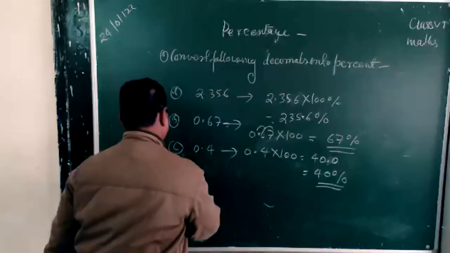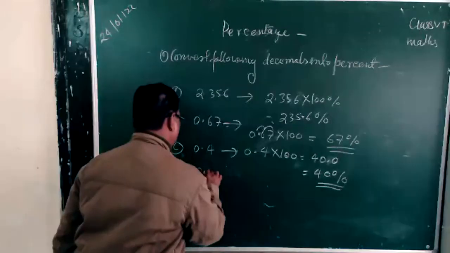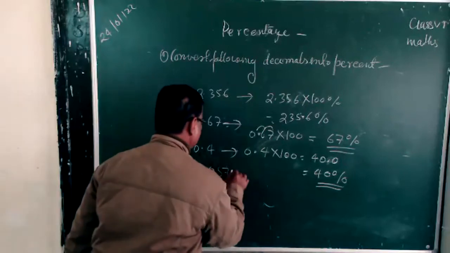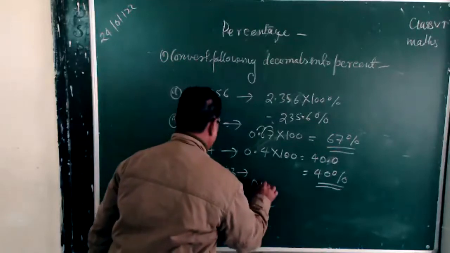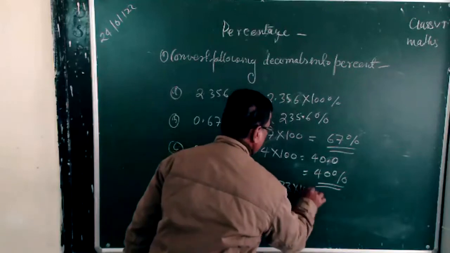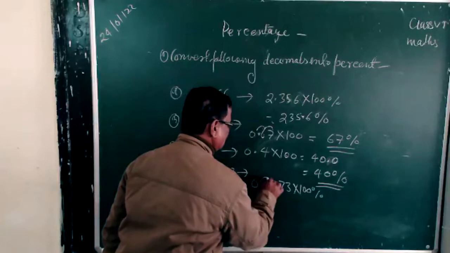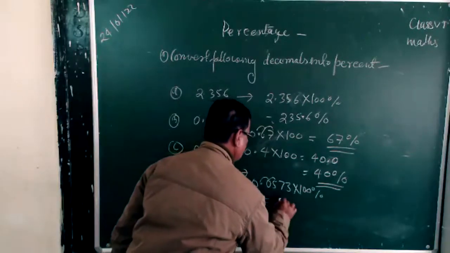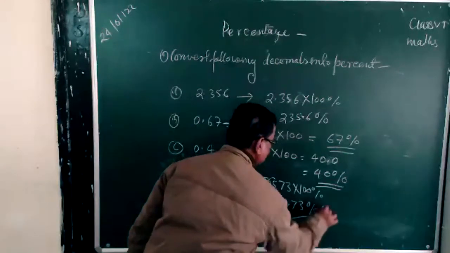Here, given 0.0573, convert into percentage. 0.0573 into 100%. Then the decimal shifts 2 digits to the right side, so that is 5.73%. This is your answer.